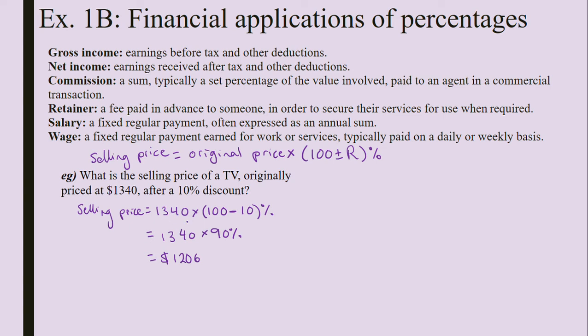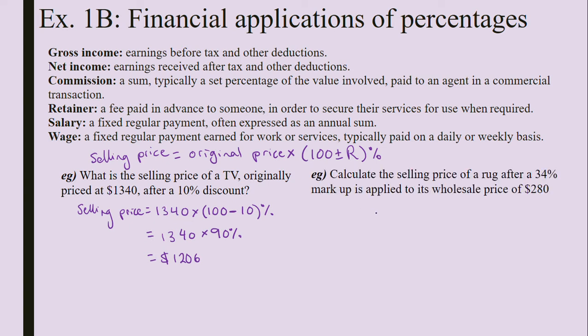One more example for you. We're going to calculate the selling price of a rug after a 34% markup is applied to its wholesale price of $280. So the selling price again, this time the original price is $280, and we're going to multiply it by 100.